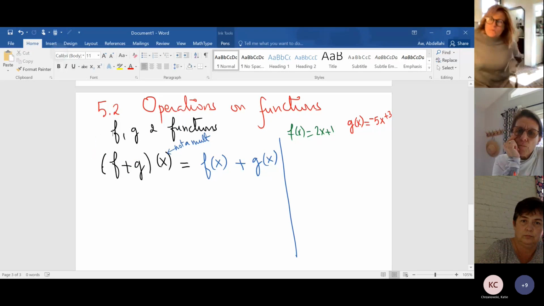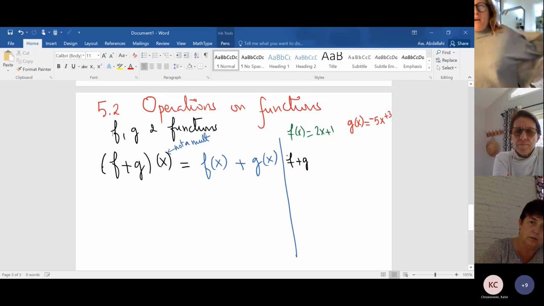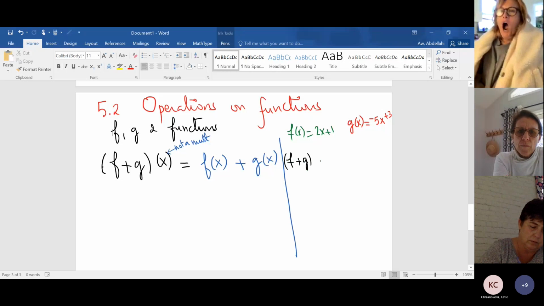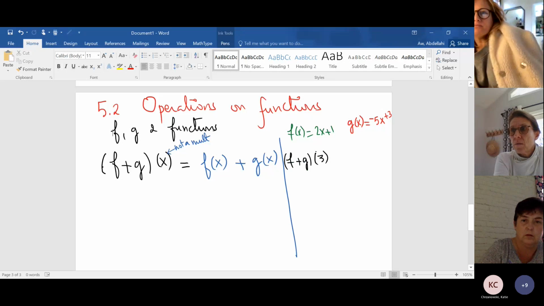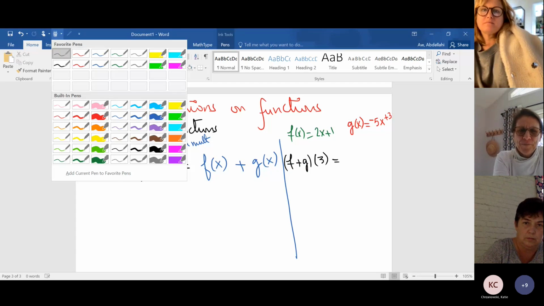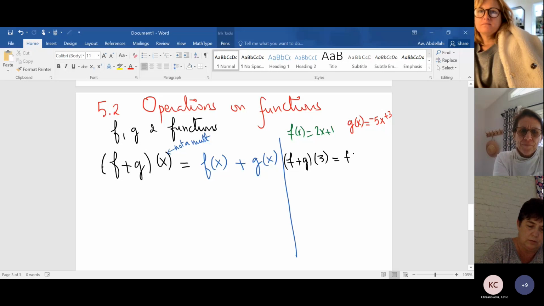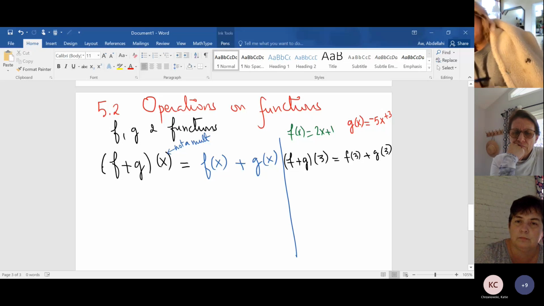If somebody asks you what is f plus g of 3, for instance, what do I do? Very simple. It is f of 3 plus g of 3. I'm going to plug in 3 in f, plug in 3 in g, and then add the two numbers.